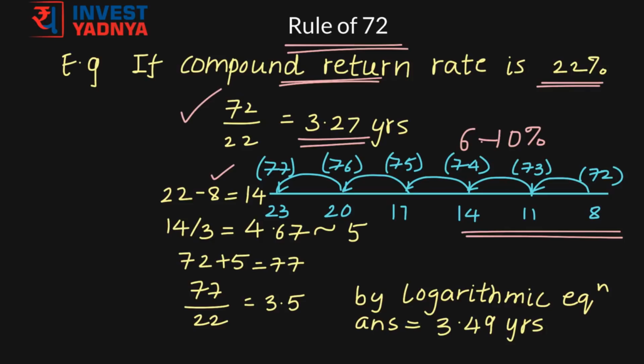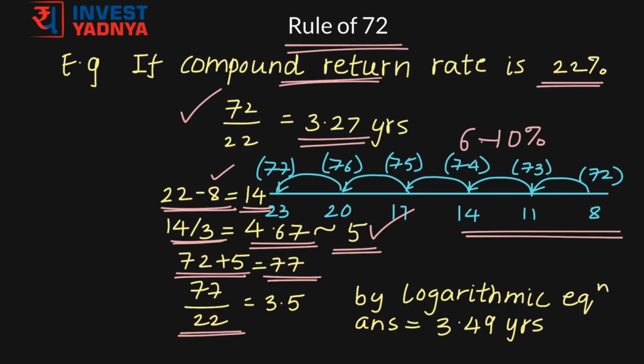So the difference between 22 and 8 is 14. You divide 14 by 3, you get a value of 4.67. You approximate it to 5 and now you add 5 to 72 where you get a value of 77. Now divide 77 by 22 and you would get a value of 3.5 years.